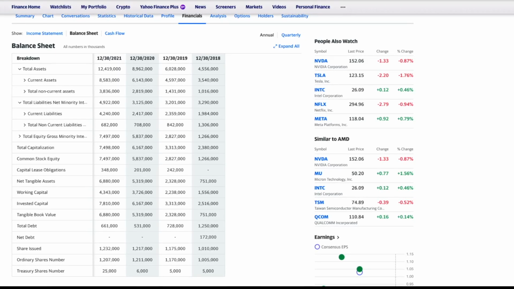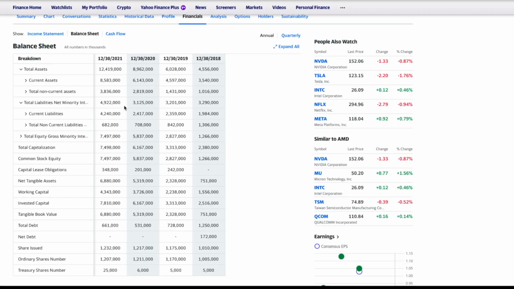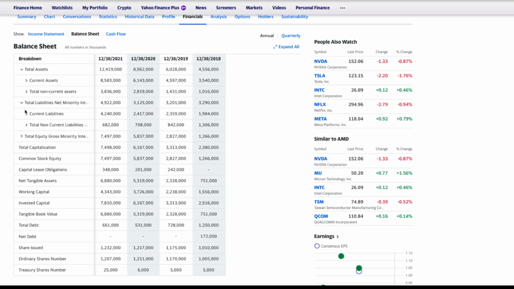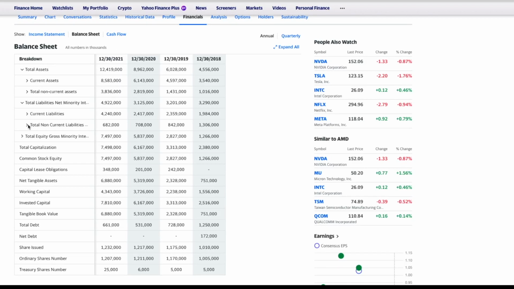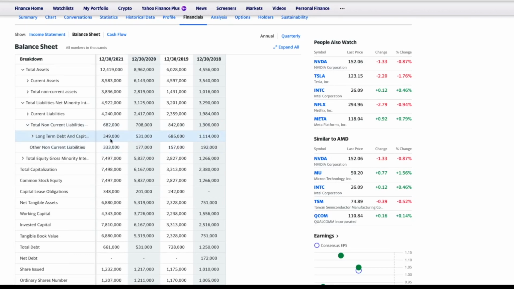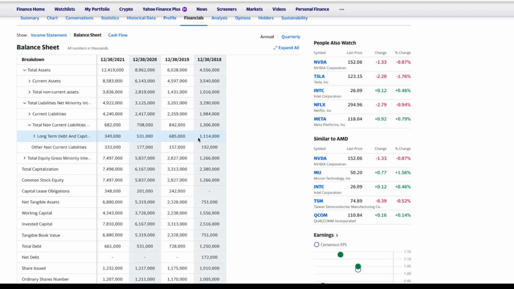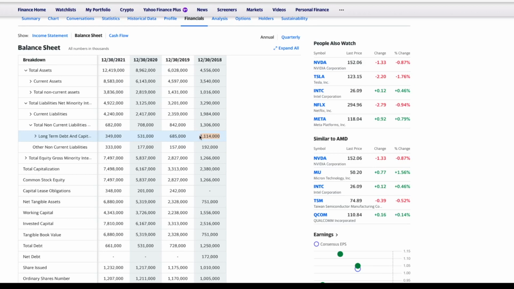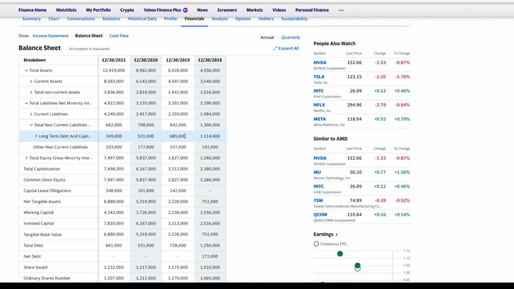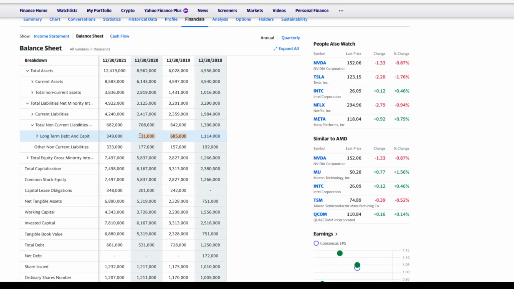The second thing you have to check is that they have enough money to pay their debt. Then again, you have to look at whether they have long-term debt on the balance sheet, and if it's increasing crazily, you have to consider why they are taking so much debt. But in this case, you can see that AMD had long-term debt in 2018 of 1.1 billion, but from 2018 onward they have been very successful in decreasing this value.